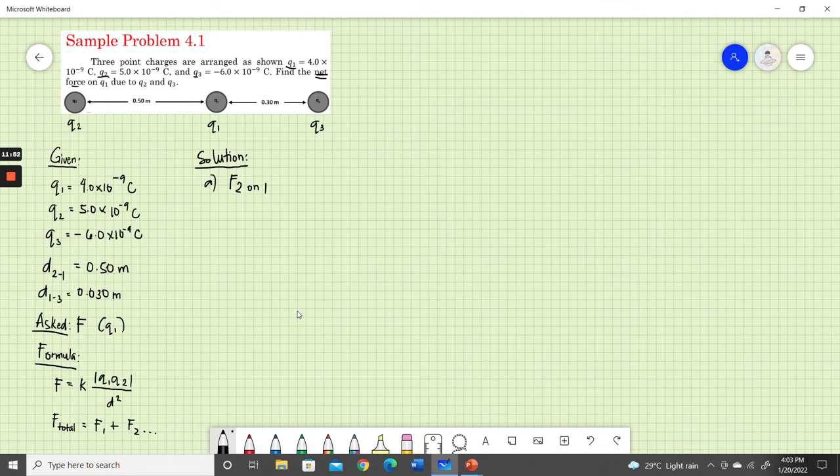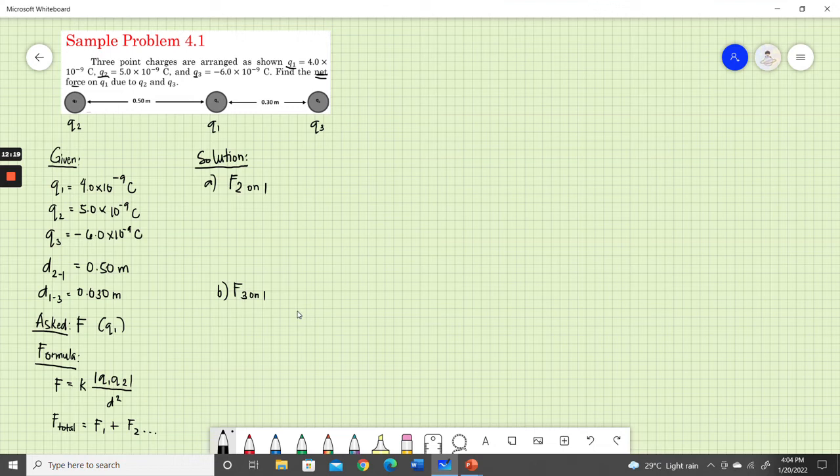So this way, we're not going to get confused about which force we are measuring. First, we have to measure the force that Q2 is doing on Q1. Next, we also have to measure the force that Q3 is doing on Q1, so the force from 3 on 1.